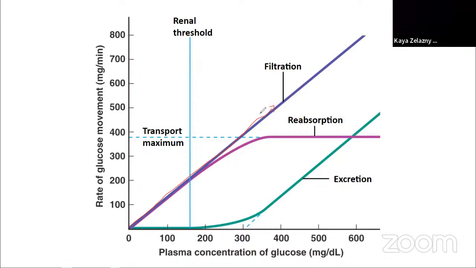None of that requires any carrier proteins, so none of this matters for filtration. It does matter for reabsorption, right? So what we're saying is at a certain point, those carrier proteins, in this case, the carrier proteins that do the secondary active transport of glucose using that sodium gradient, right?